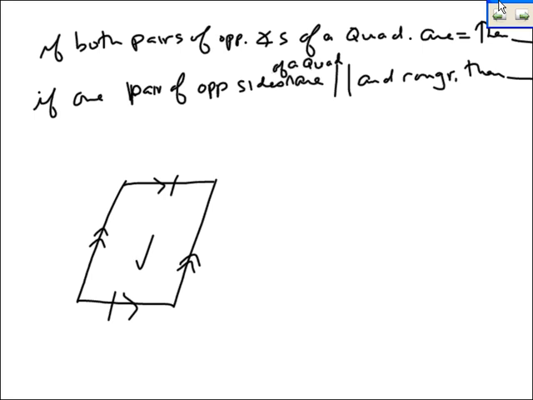So it's enough just to show that one pair of opposite sides of a quadrilateral are both parallel and congruent to one another. Okay.